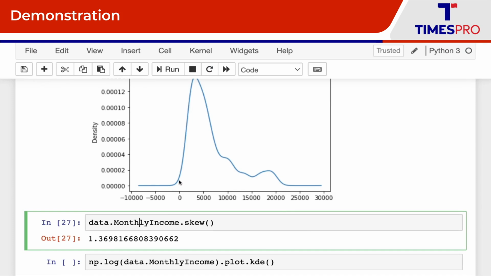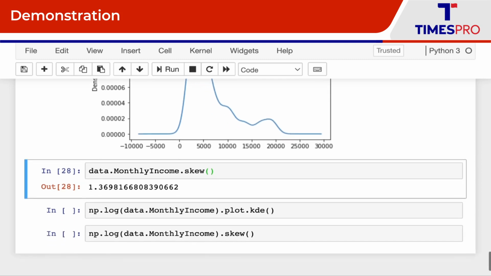So this is a right skewed distribution. Let's calculate the skewness using the dot skew function. Here the skewness is 1.36. So we can clearly see that this distribution is skewed. There are multiple ways in which we can reduce the skewness in this particular column. You can apply a lot of transformations.